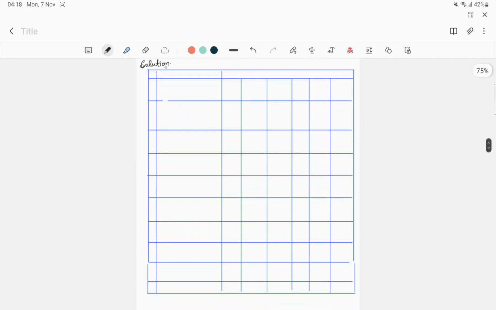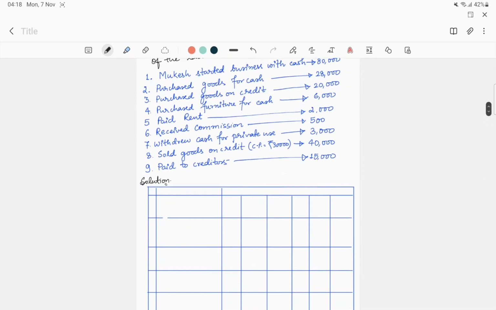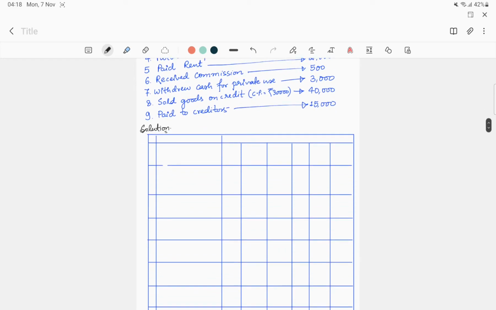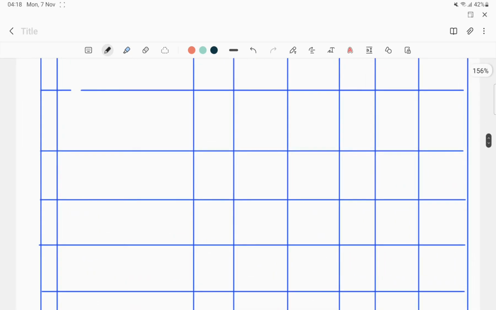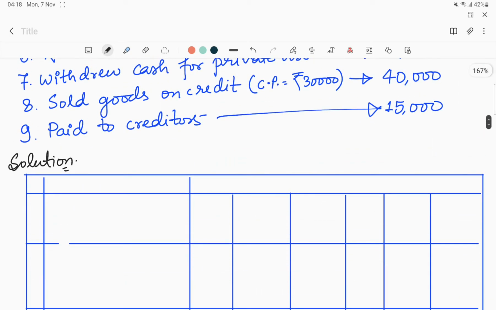I have created 9 rows here because there were 9 transactions, and in each row we are going to write assets, liabilities and capital. So the title of this table would be accounting equation.